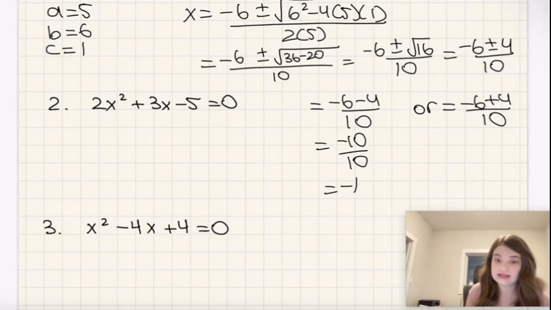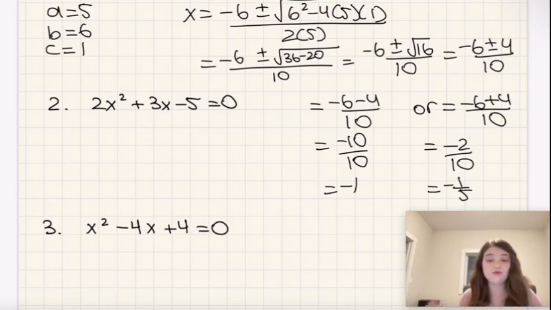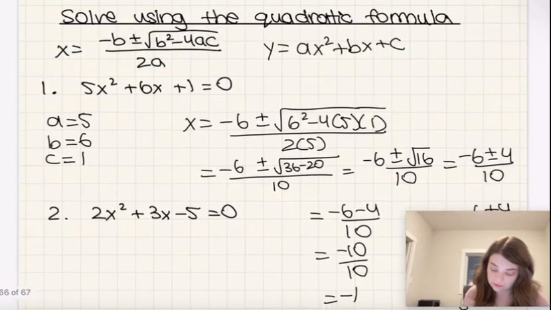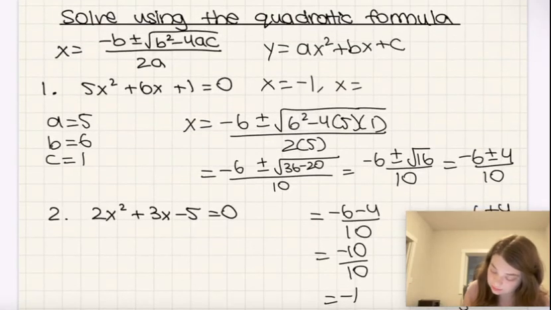And then for this case here, we are going to end up with negative 2 over 10, which is negative 1/5. So therefore, the two solutions are negative 1 and negative 1/5. So those are our answers for this equation. X equals negative 1 and x equals negative 1/5.